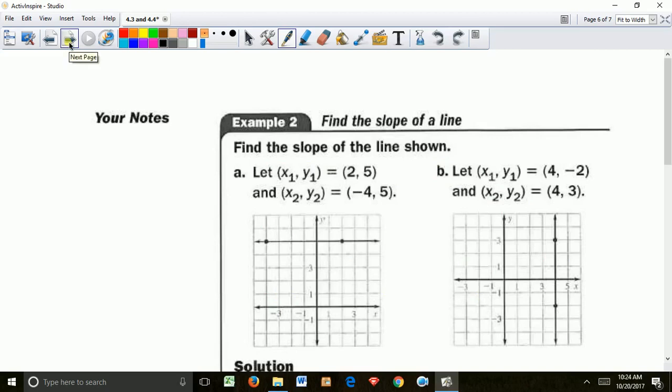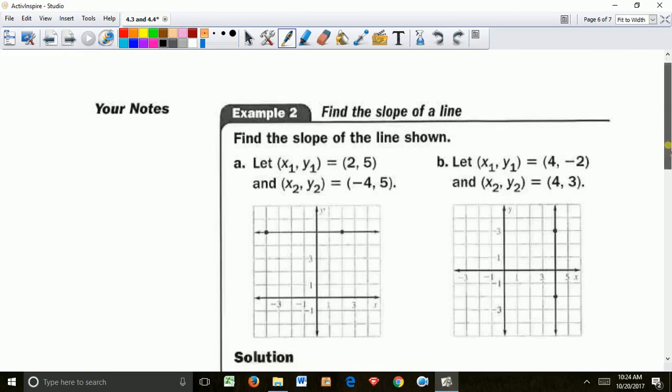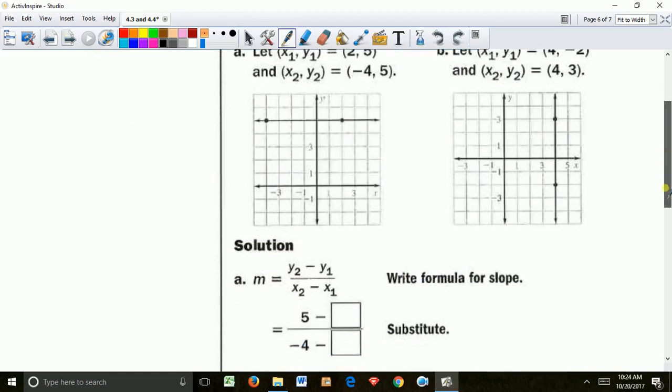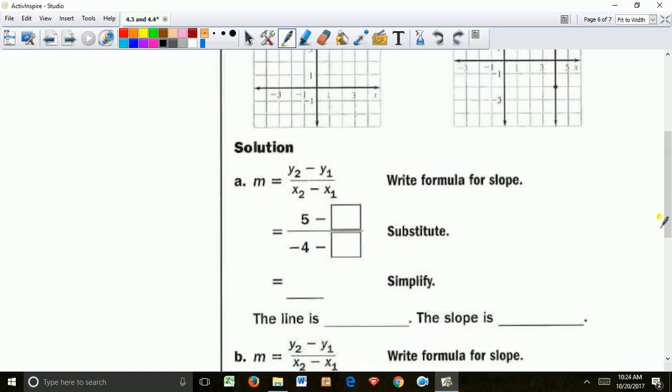Example 2, they want you to find the slope of the line shown. So here you've got A, they made x1, y1, 2, 5, x2, y2, negative 4, 5. So using the slope formula, plug in 5 for y2, plug in 5 for y1, and then plug in negative 4 for x2, and then 2 for x1.